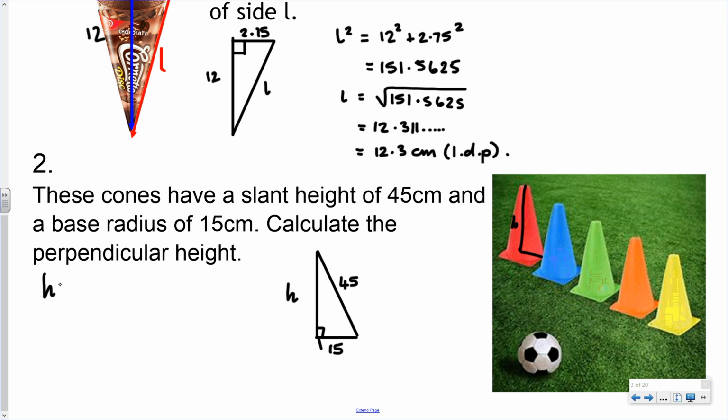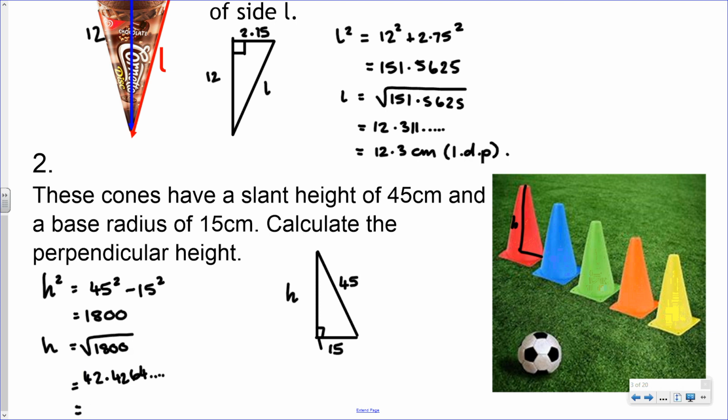So to calculate the perpendicular height this time, which is a shorter side, I'm going to take the longest side and square and subtract the shorter side squared. And this time I end up with 1800. That gives a height, when we square root 1800, of 42.426, and the decimal goes on.